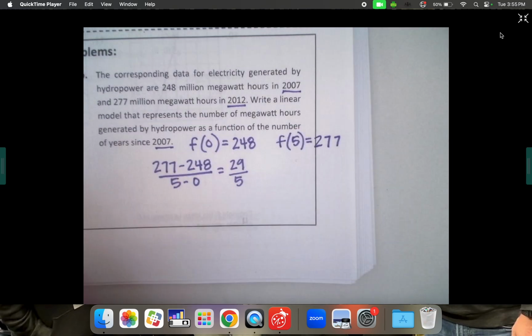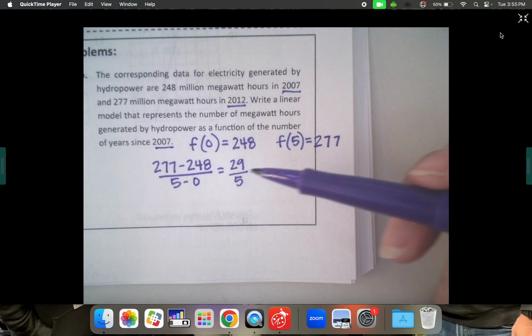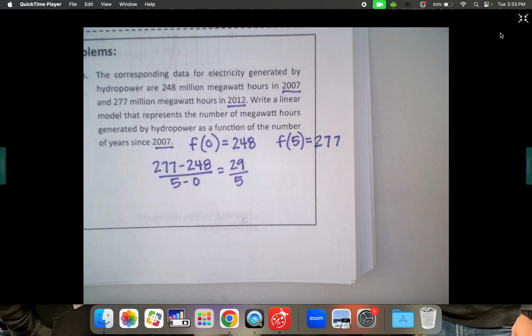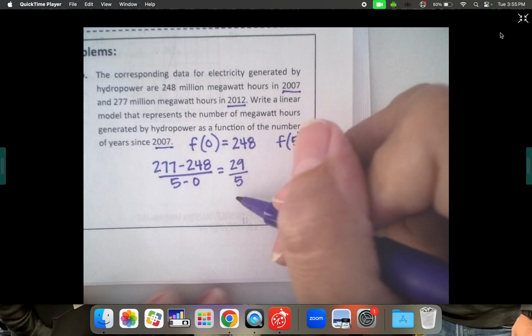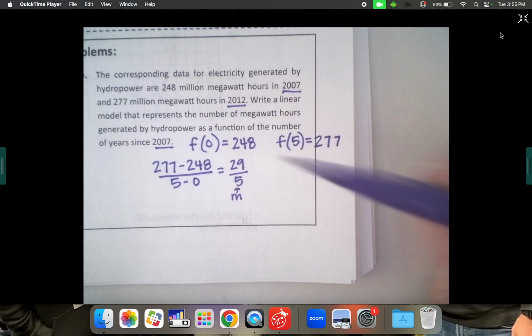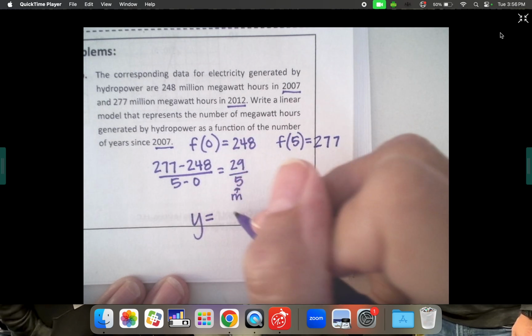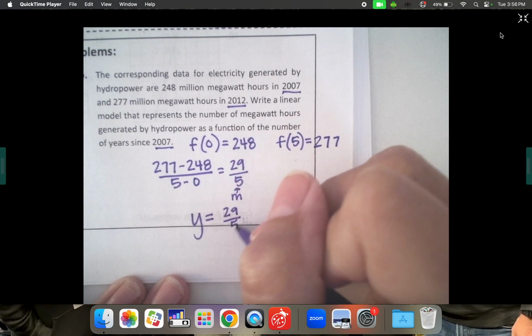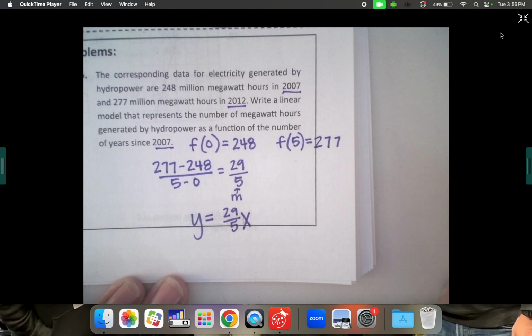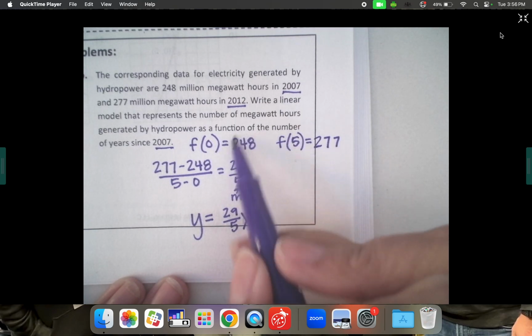Did I do it right? 277 over 2. Yeah. That does not simplify nice and neat, so we're just going to leave it, because anytime slope, which is what this is, can't simplify nice and neat, you just leave it. So our linear model is y equals 29/5 x, and our y-intercept would be 248, because 0 comma anything is your y-intercept.